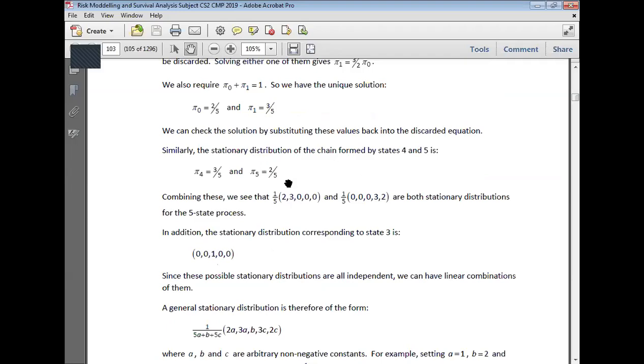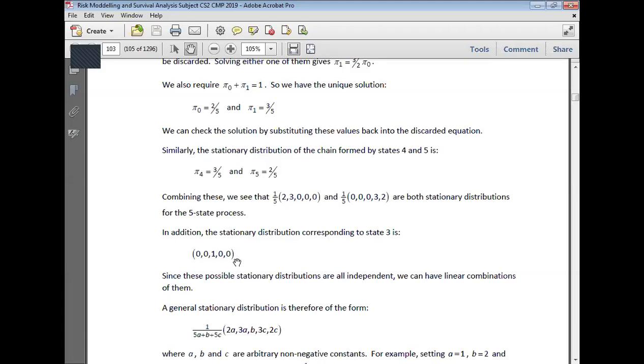Now that you have these unique distributions for each of these separate subsets of states, you also observe that it doesn't really matter which subset I land in.